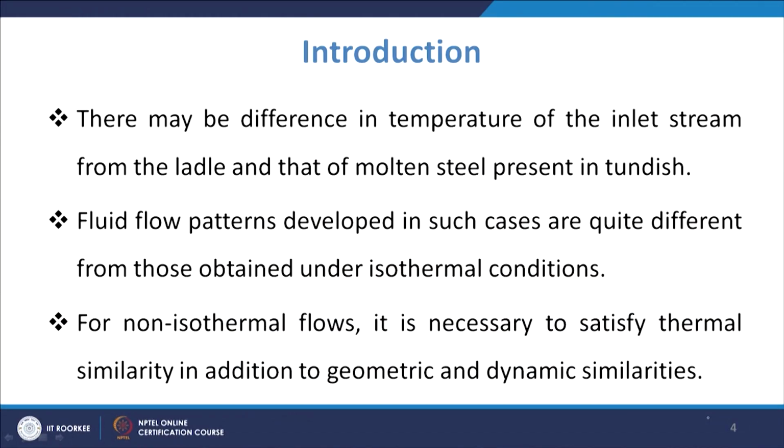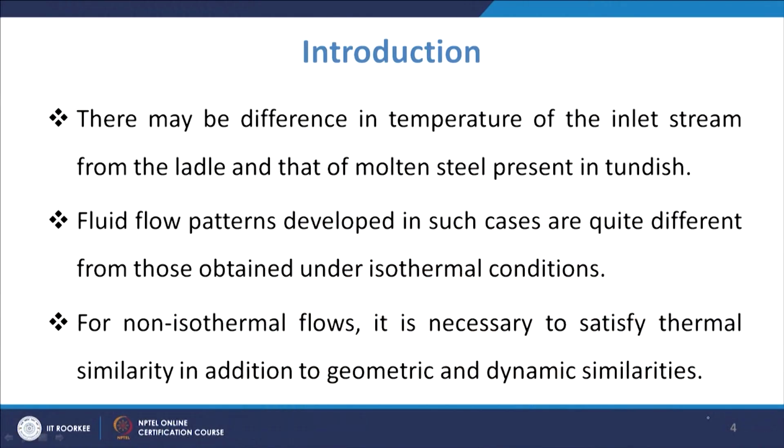So, there may be a difference in the temperature of the inlet stream from the ladle and that of the molten steel which is present in the Tundish. That is what I told you: there may be a difference between the temperature which is already there in the Tundish and that of the metal coming from the new ladle.